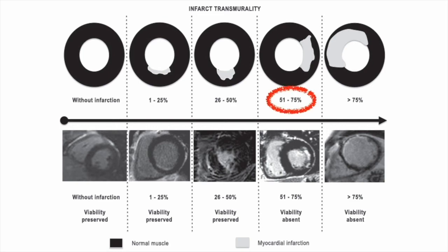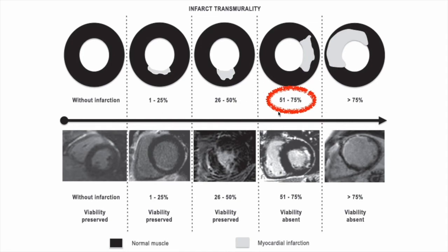Now, anything which was more than 50% was thought to be non-viable, but over the period of years, what we have realized is that the spatial resolution of MRI has significantly improved, and in our practice, anything which has more than 75% of infarction is called non-viable, and anything less than 50% is called viable.